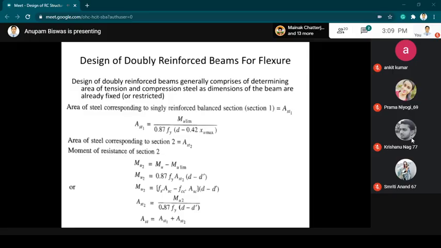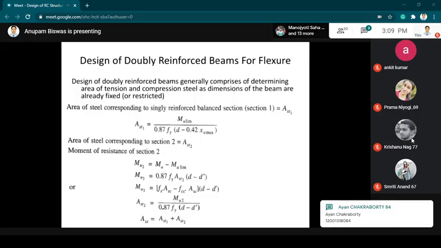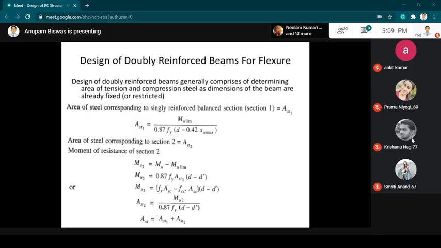So AST2 turns out as Mu2 by 0.87 fy into d minus d dash. So for both tension zone and compression zone, this value Mu2 is applicable.